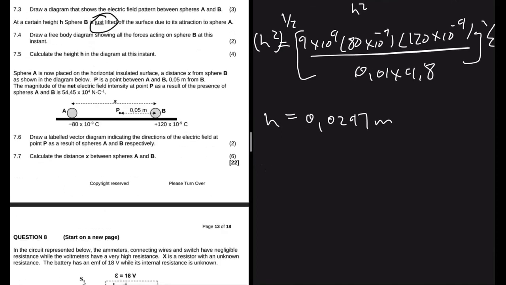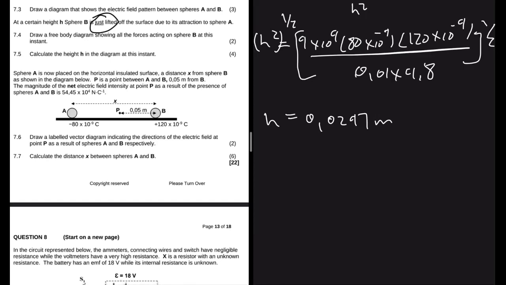And then let's move to 7.6. And now we are told that sphere A is now placed on the horizontal insulated surface a distance x from sphere B as shown in the diagram below. P is a point between A and B, which is 0.05 meters from B. The magnitude of the net electric field intensity at point P as a result of the presence of sphere A and B is 54.45 times 10 to the 4 newton per coulomb.